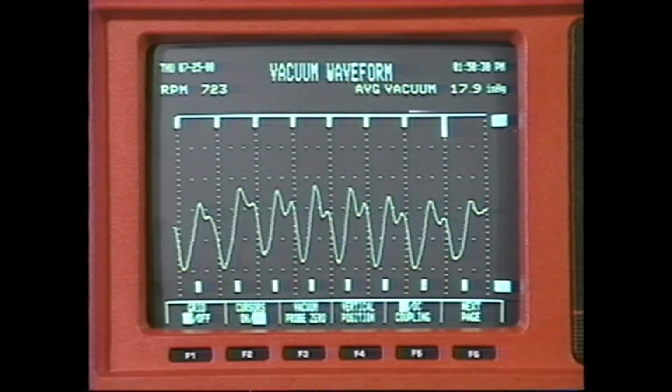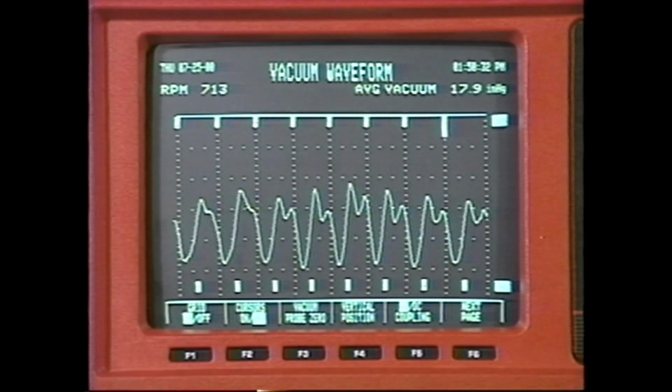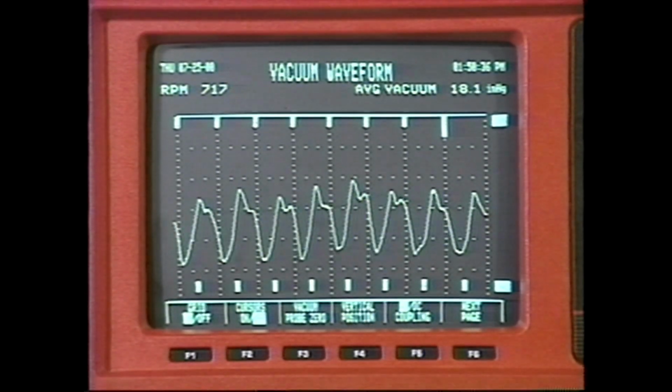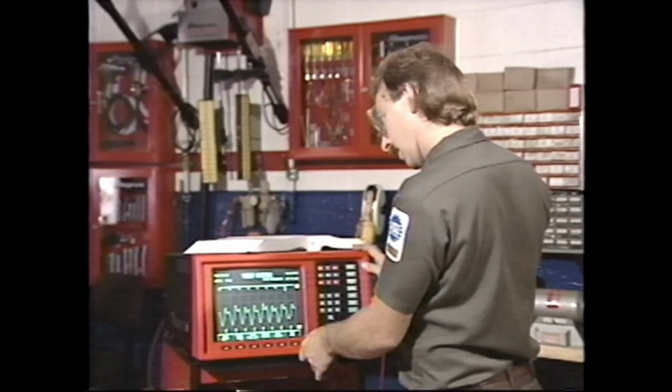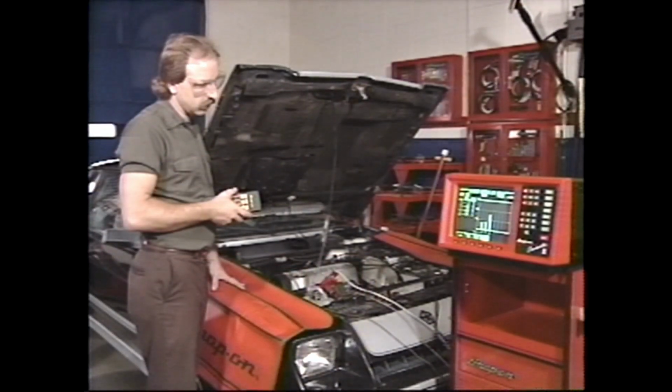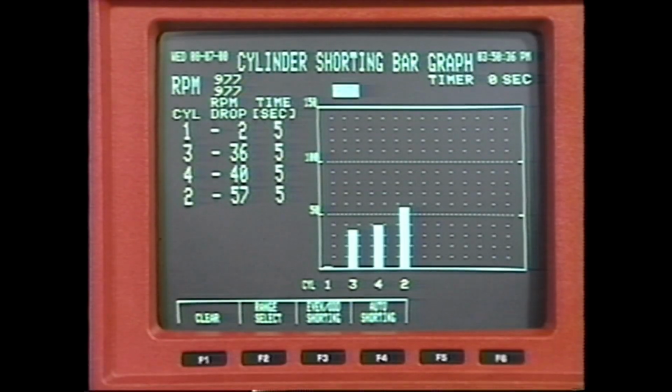This test monitors pressure fluctuations in the intake manifold. It will tell you whether the engine is okay mechanically, and it eliminates the need for time-consuming mechanical tests unless they are really necessary. If you don't have the optional probe that's needed to get a vacuum waveform, start with the cylinder shorting test screen.